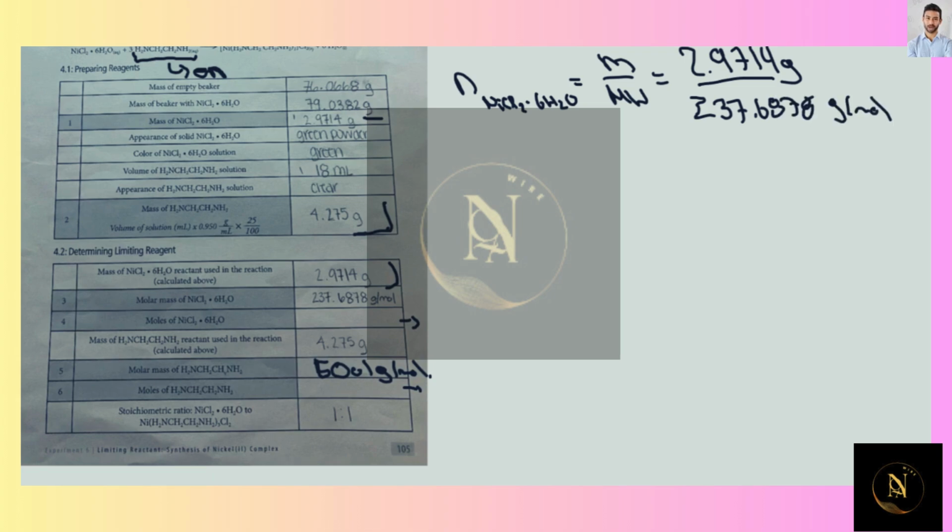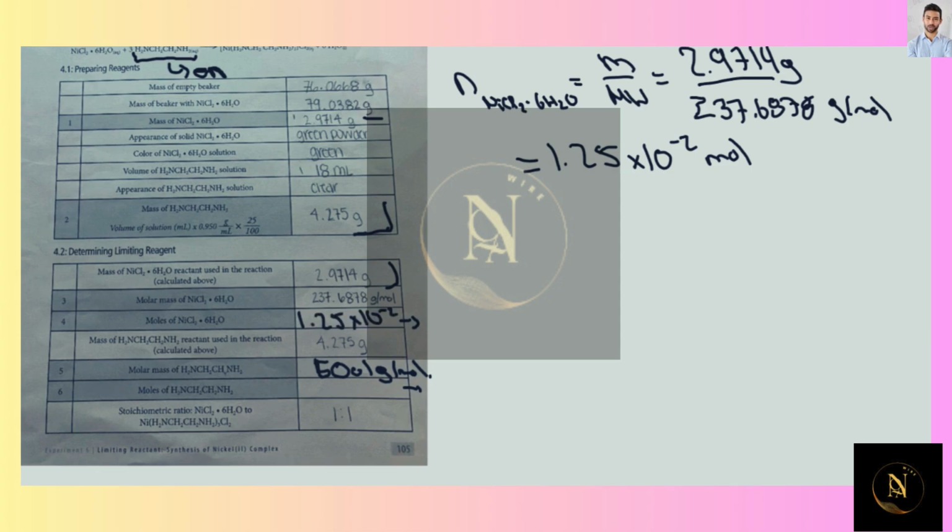So over here, we're going to get 1.25 times 10 to the minus 2 mole. So we can write down over here as 1.25 times 10 to the minus 2.